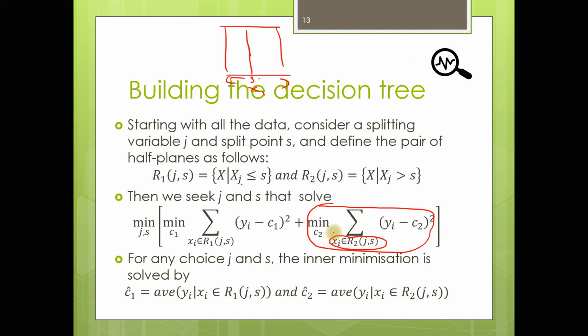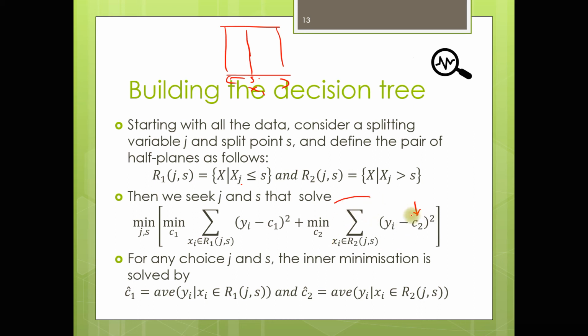When we talk about minimizing your sum of squares with respect to a certain region, it means that I need to find a certain value of C2 that will make this sum as small as possible. I will need to determine a value for C2 because this is what we are looking for, minimization with respect to C2.